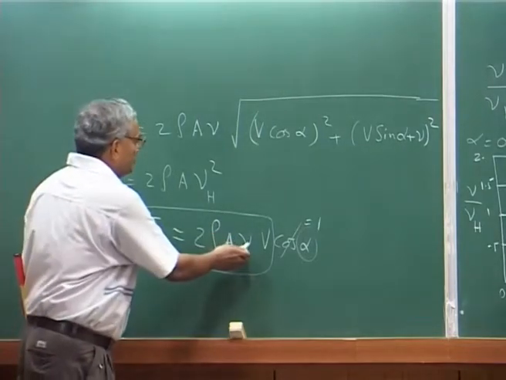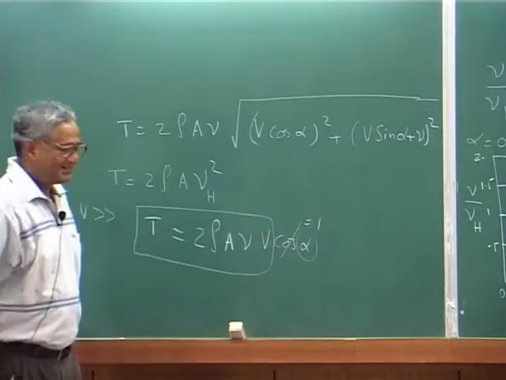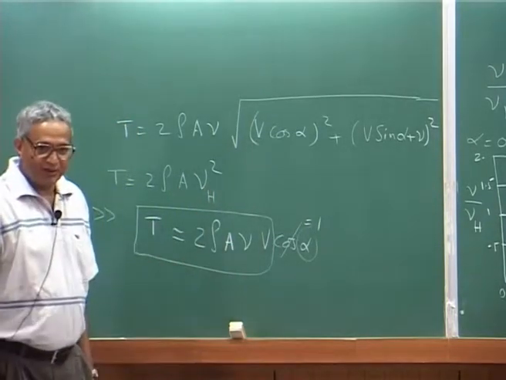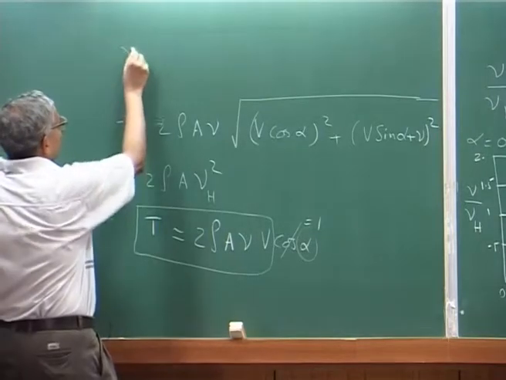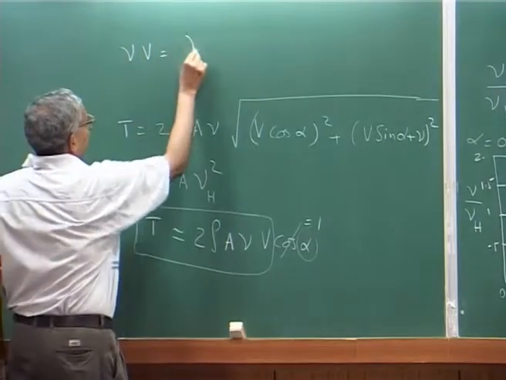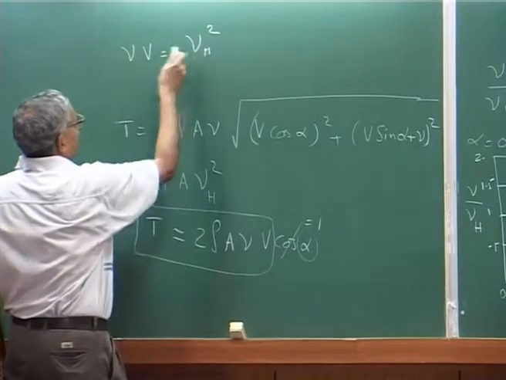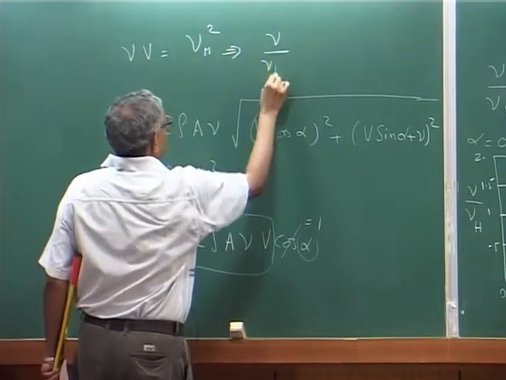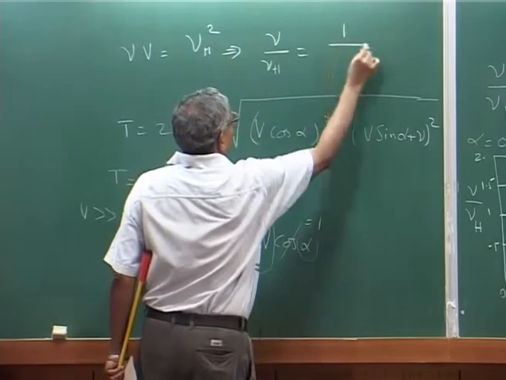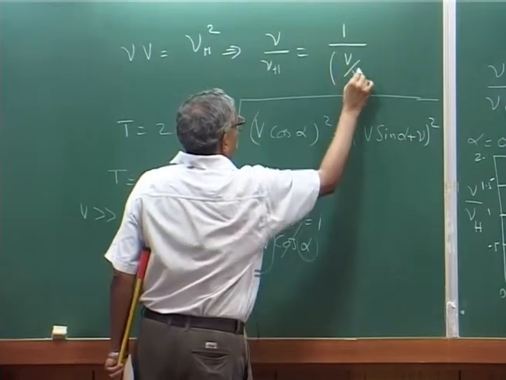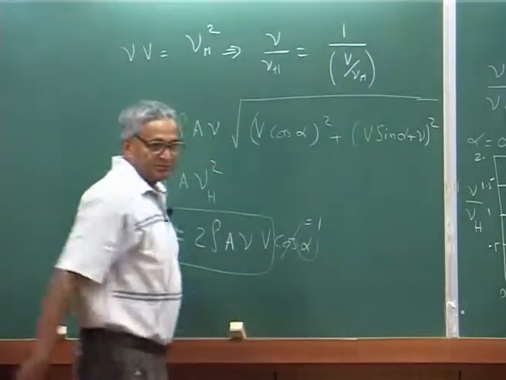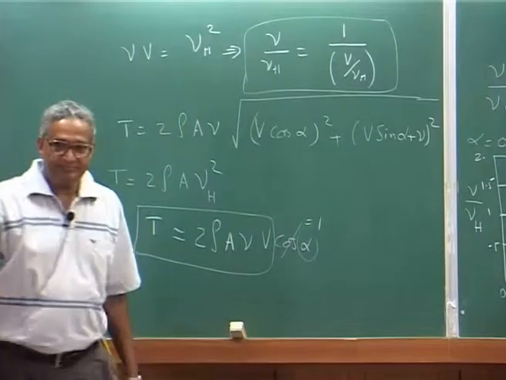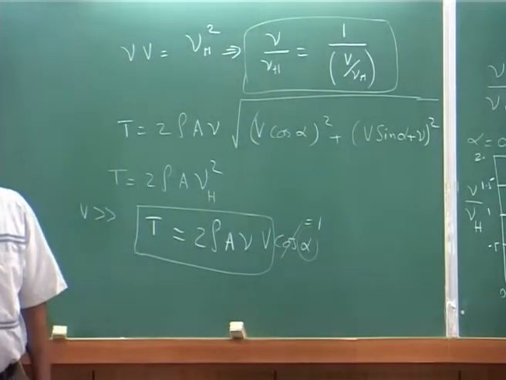So, you will have nu into V is nu h squared. So, you take one nu h, this will lead to the result. Very simple.